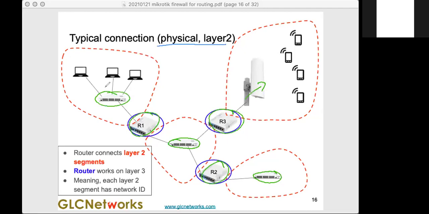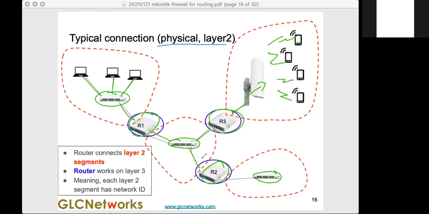You have wired connectivity, so everyone here is connected through cables. This one is wireless. They are using wireless connectivity. So this is how you set up your own network, right?